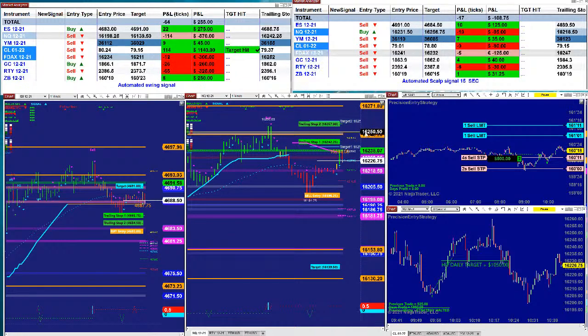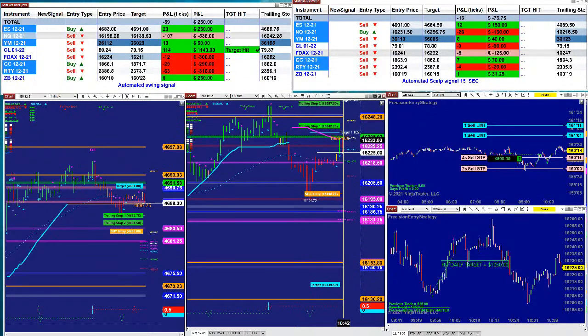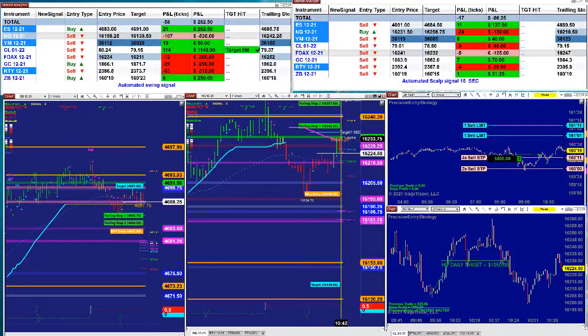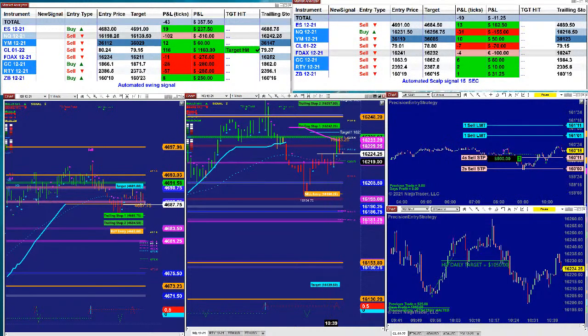So if we notice the Nasdaq, this is the re-entry on the Nasdaq at 62.3375. Support area 62.19. The second support area 62.05.